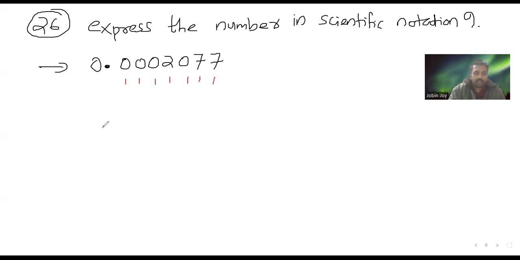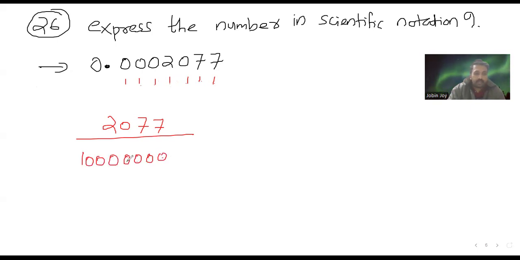Right. So that means I can write 2077 divided by 1 followed by 7 zeros. 1, 2, 3, 4, 5, 6, 7.